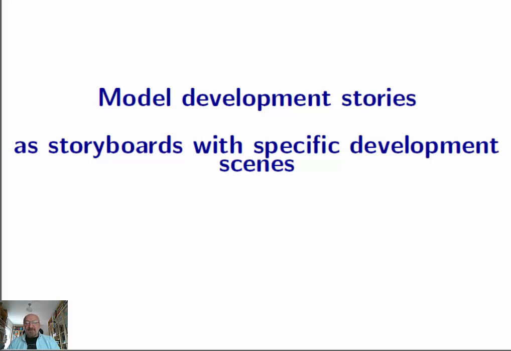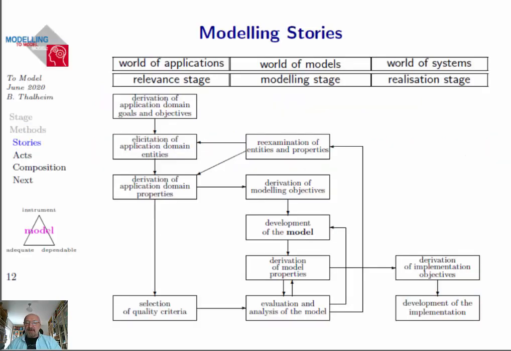That is a bit funny, but we can use our storyboard facilities for the description of the development stories. That means with specific development scenes we can try to develop a model. What does it mean?